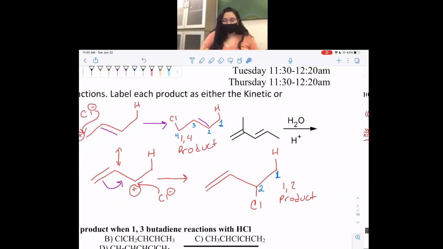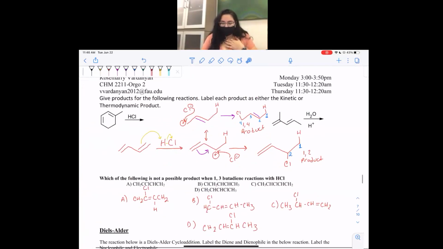All right, so now, does A look like either of these? No. So how do we automatically know that this doesn't belong? What's different?